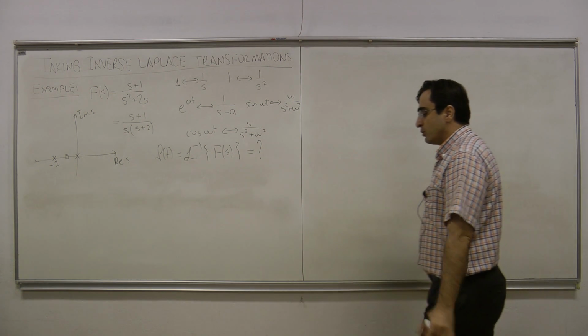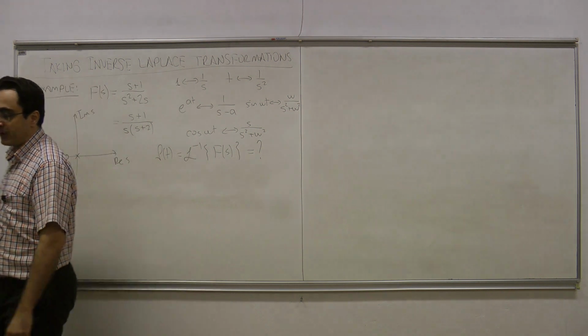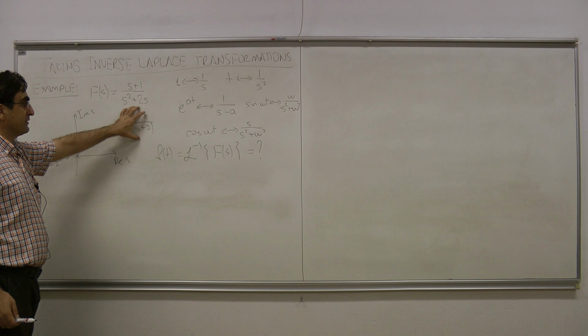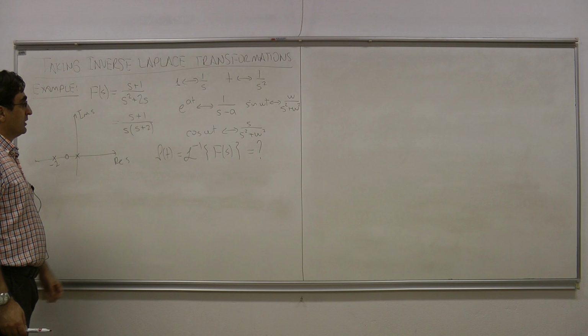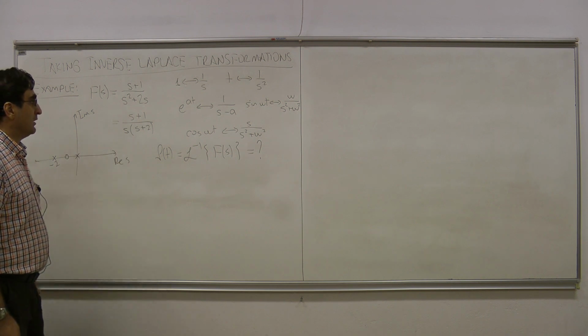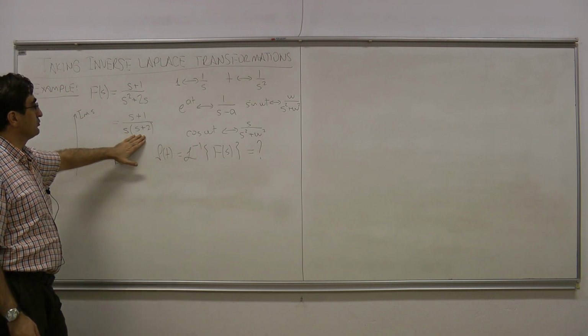So the tool that we're going to be using for taking inverse Laplace transformation is called partial fraction expansion. And it is nothing but writing this complex Laplace transformation in terms of simpler Laplace transformations whose inverse Laplace transforms we know. So here I have an s term, an s plus 2 term.